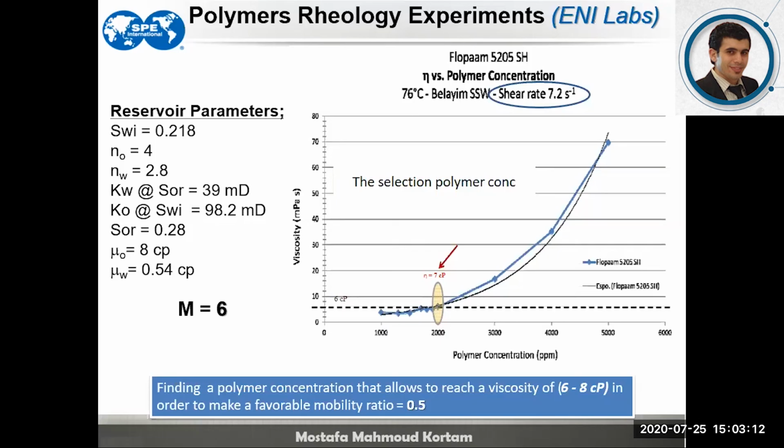With all of those factors, there would be some deviation from the ideal, and that would influence the polymer slug concentration, and the viscosity might decrease.